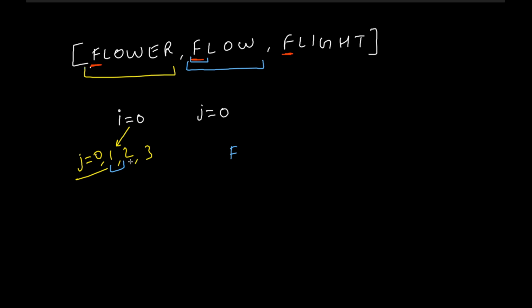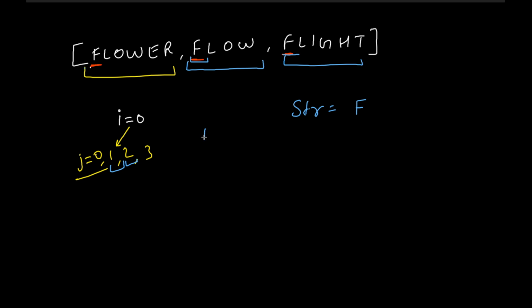And when j is 2, this is flight, and i is 0, and the 0th position is also f. So we have f common. So what we'll do, we will create an empty string and we will append f to it. So f is appended.